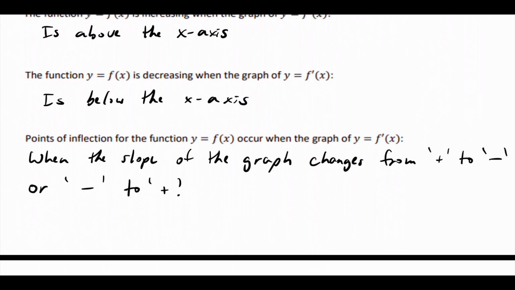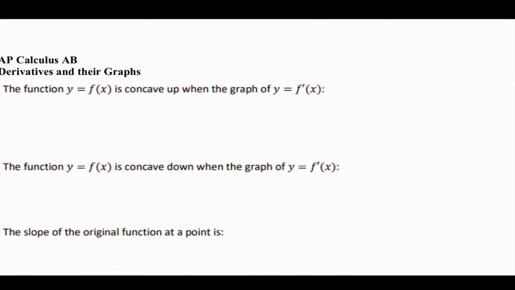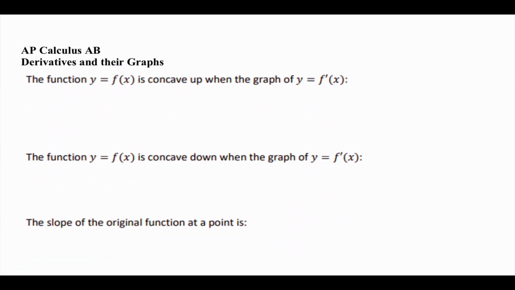When are we going to have concave up and concave down? Positive slope, increasing. Negative slope, decreasing. So the slope of the graph is positive, aka increasing.